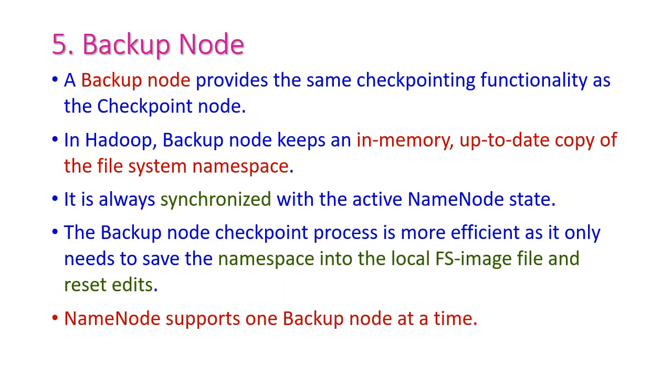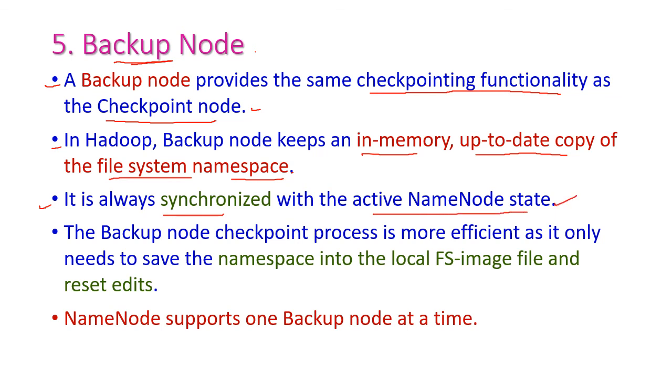And next one is the backup node. This is also another important node in HDFS. A backup node provides the same checkpointing functionality just like the checkpoint node. In Hadoop, backup node keeps an in-memory up-to-date copy of the file system namespace, that is the FS image and edit log files. And it is always synchronized with the active name node state.